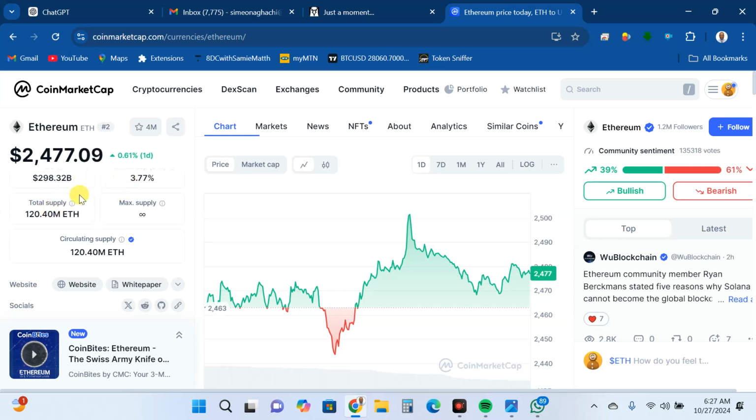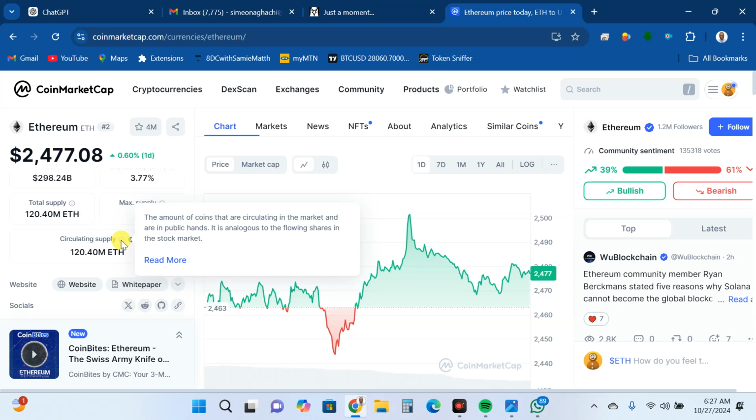Now, the max supply. Before I talk about infinity, I almost forgot to talk about that. When you look at total supply, circulating supply, max supply, the three of them mean different things. Now, the circulating supply of a cryptocurrency is the amount of coins that are circulating in the market and are in public hands. Everything that has been sent already, and people are holding it in their wallets, whether in centralized exchanges or in decentralized exchanges, custodial wallet or in non-custodial wallet.